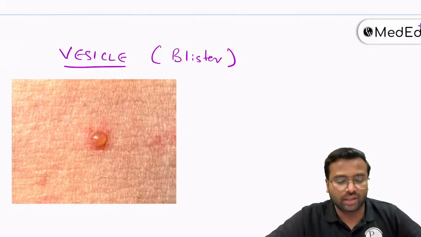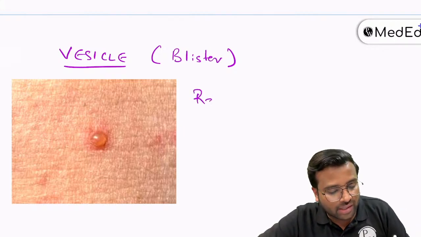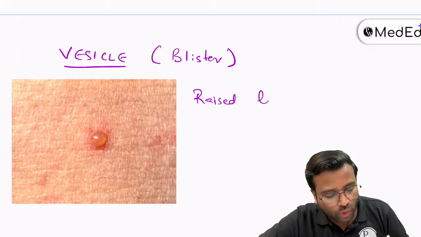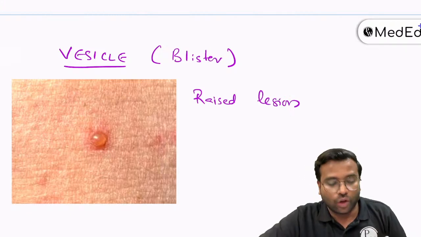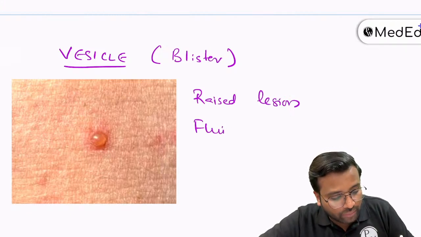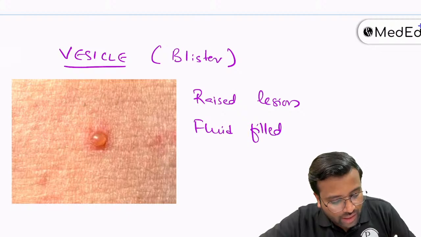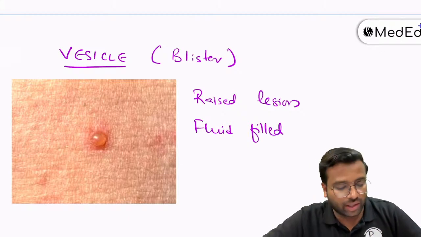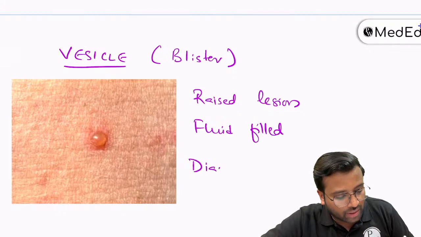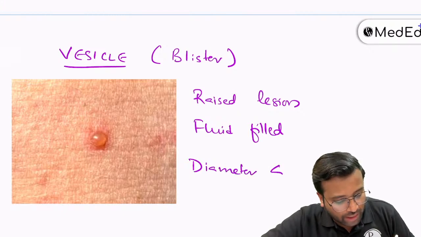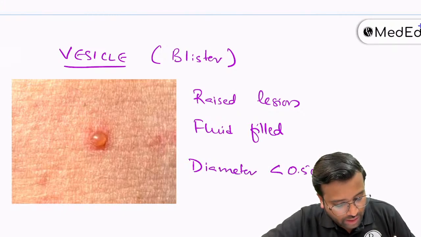A vesicle is going to be a raised lesion. It is going to be a raised lesion which is fluid filled, and the diameter is going to be less than 0.5 centimeter.